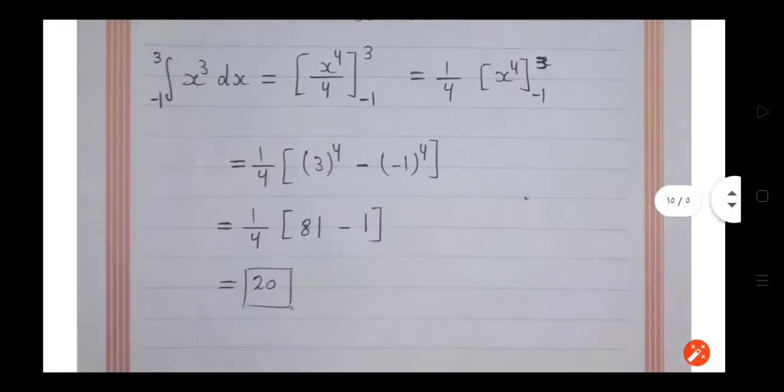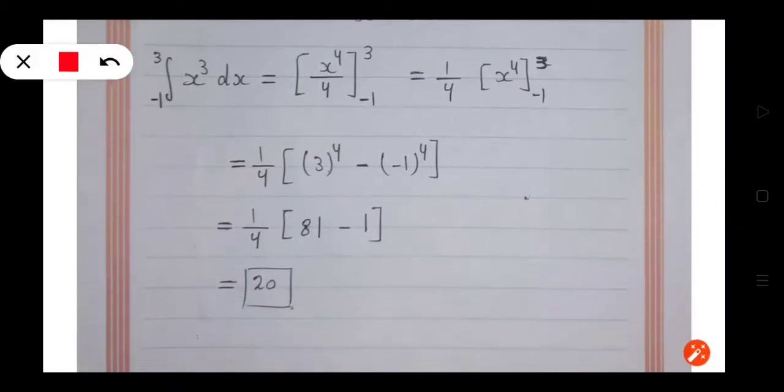The integration of x cubed is x power 4 over 4 from negative 1 to 3. Let's put 1 over 4 outside. That means we have x power 4 bounded by negative 1 and 3.